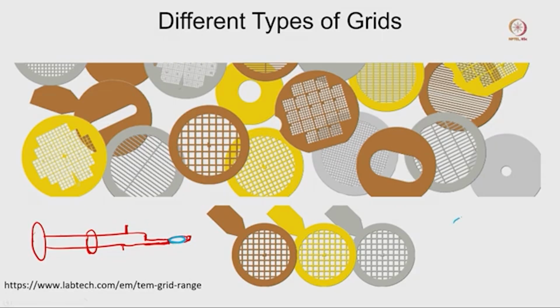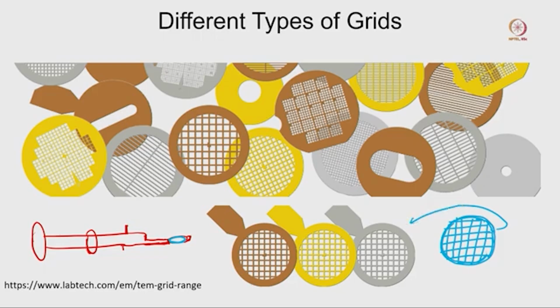Generally this grid is a small disc of copper, the outside layer is a copper layer, and inside there are a lot of copper bars which form squares. I discussed a little bit about the difference between the cryo grid and the carbon coated grid. Whatever I draw here, I will discuss at a later stage.